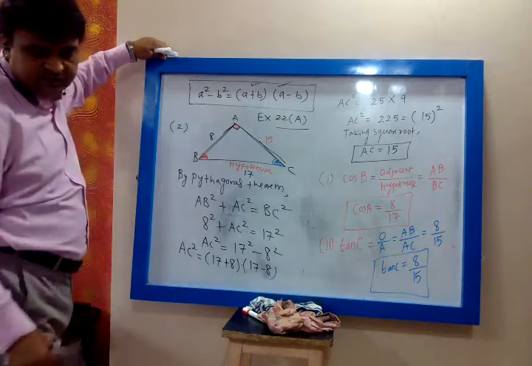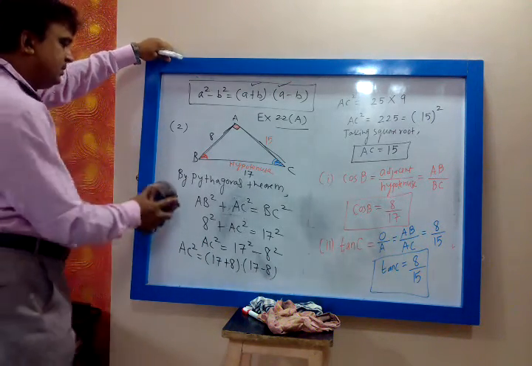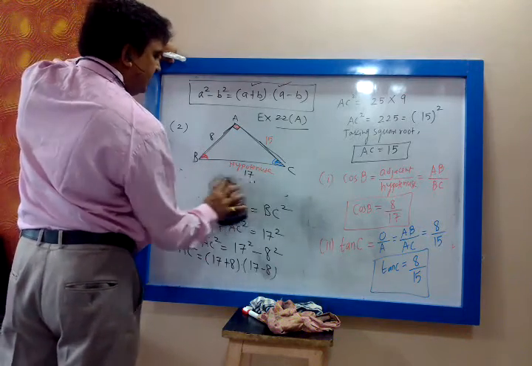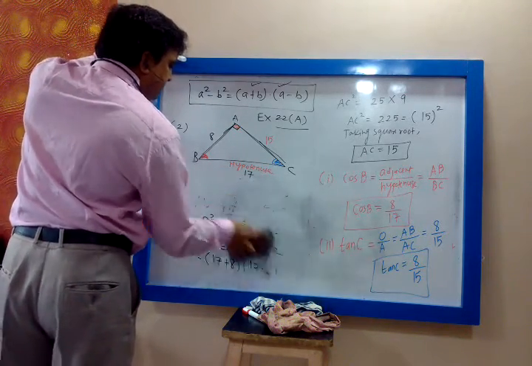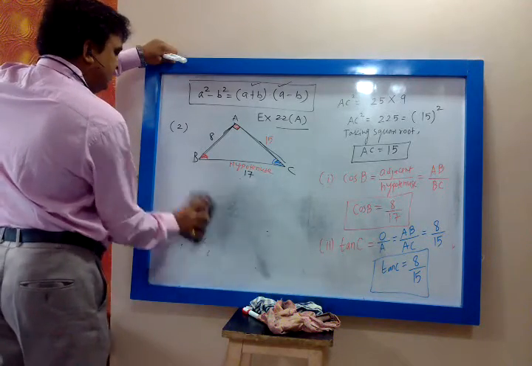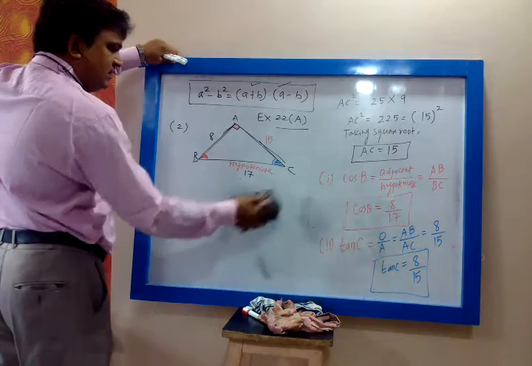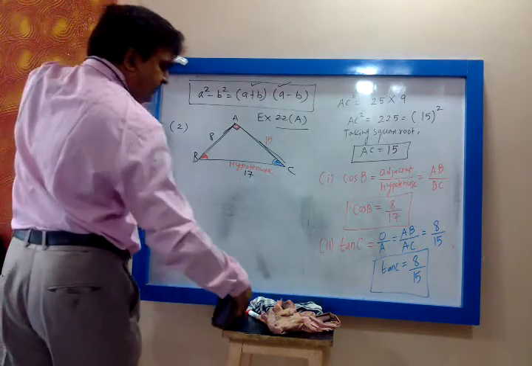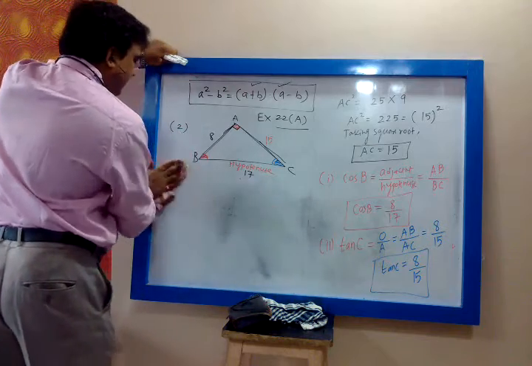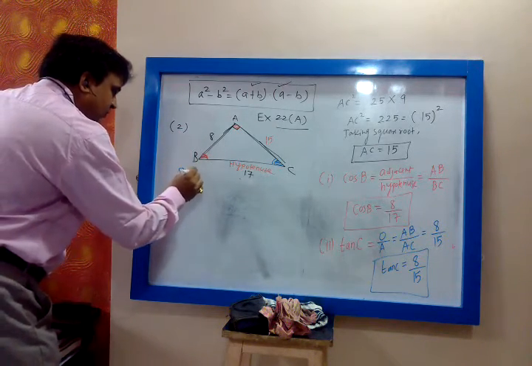Now next is, find sin square B plus cos square B. So first you find cos B, we have already found. Now you find sin B. What is sin B?